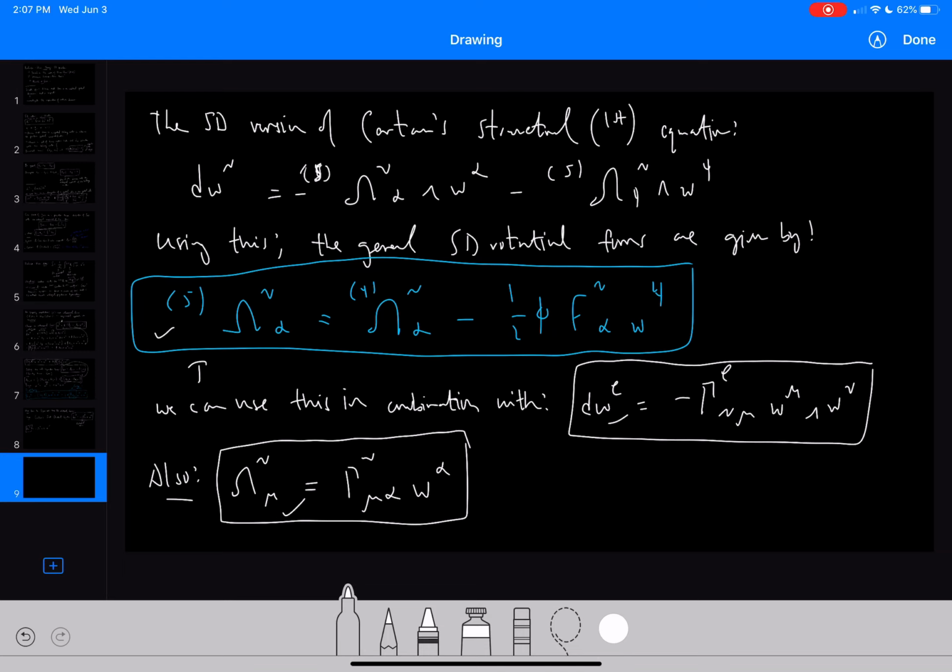So using these together, we can calculate the 5D connection coefficients. Okay, so let's do that.